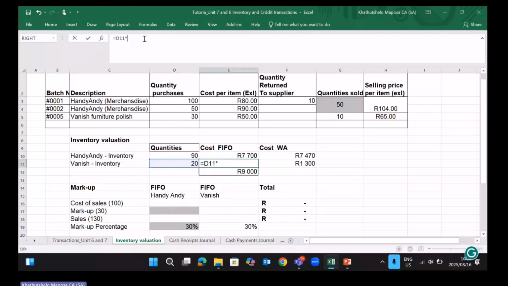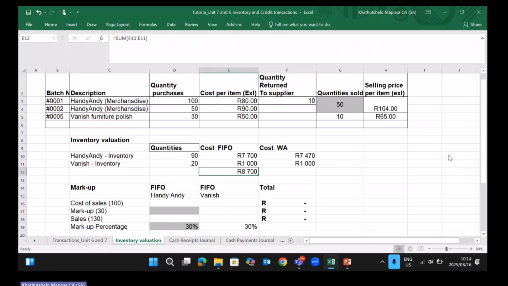Thanks for that, it was an error. We are using the purchase price, the price that we bought the Handy Andies for.